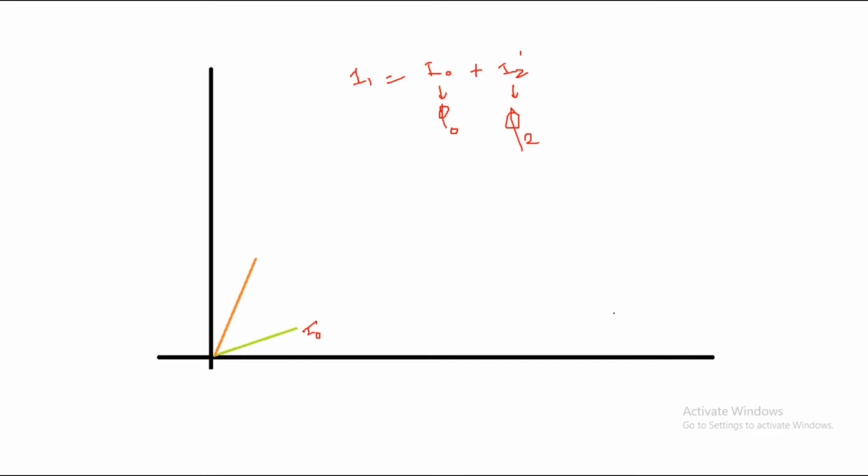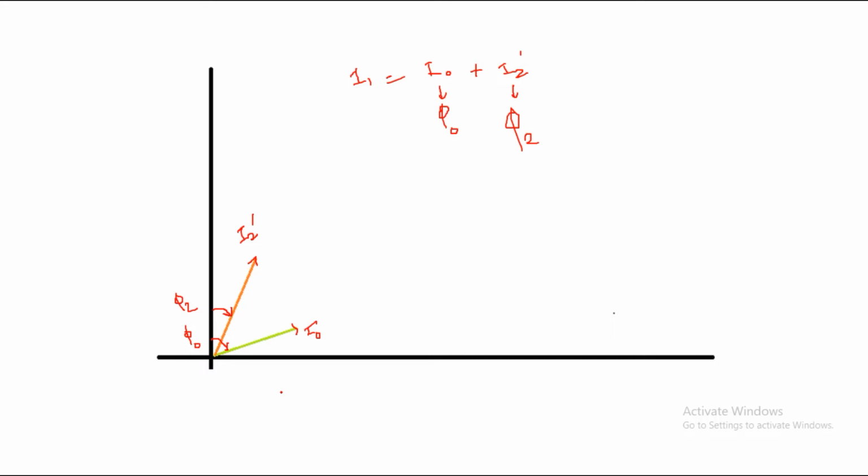It is a vector, so it is I0. It has a phase angle of phi naught with the y axis, and this phasor is I2 dash, and it has a phase angle from the y axis of phi 2.